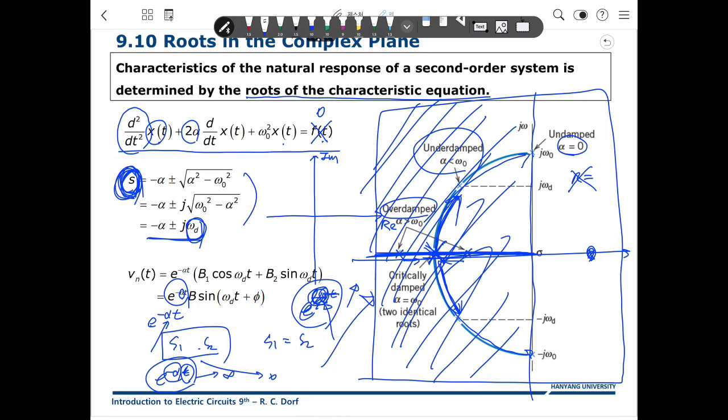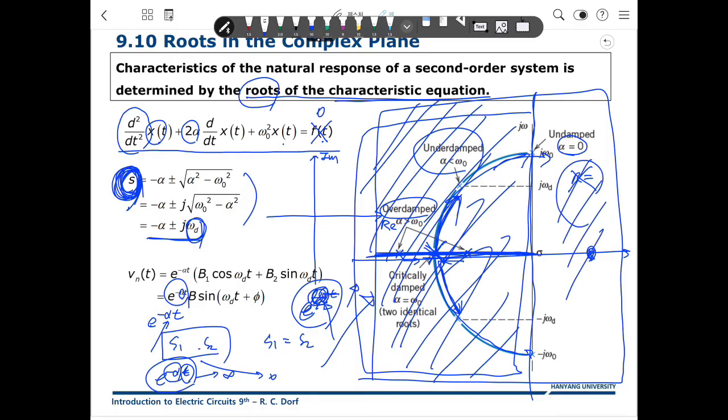So when you want to know if a system is stable or not, in the case of second-order differential equations, you need to check the characteristic equation and its roots. If the roots are on the left side of the complex plane, the system is stable. If the roots go out to the right half-plane, the system is unstable.